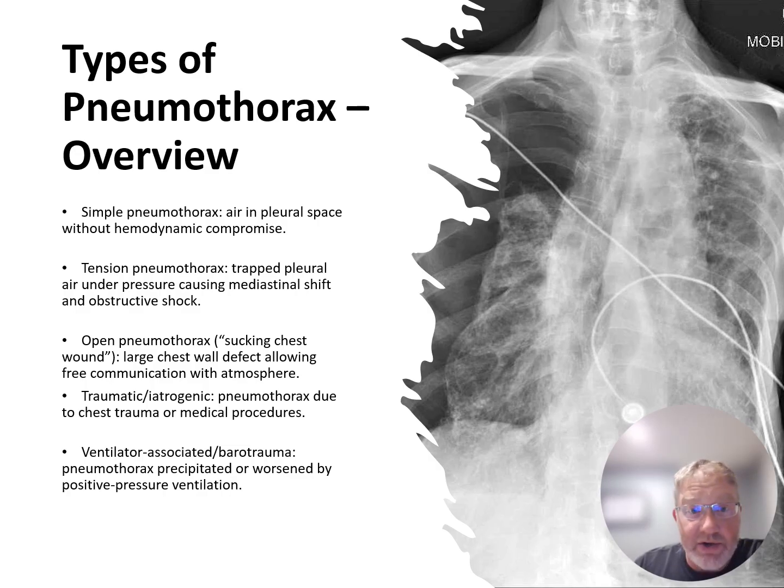Traumatic and iatrogenic pneumothoraces simply reflect mechanism, so chest trauma or medical procedures as the cause. Ventilator-associated pneumothorax reminds us that positive pressure ventilation can cause both and worsen pneumothorax, especially if the plateau pressures and the PEEP are high.